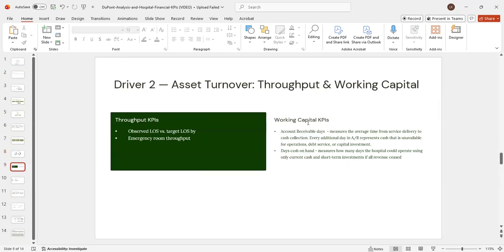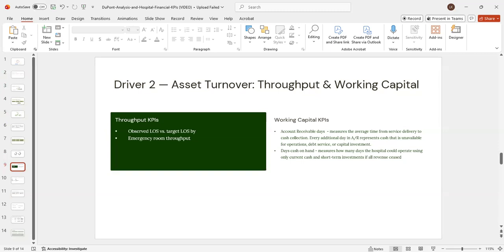Now, continuing with the theme of asset turnover, if we turn to some of the other operational KPIs that we can track to improve asset turnover, the two that come to mind are throughput and working capital. They represent the operational financial drivers that maximize asset turnover.